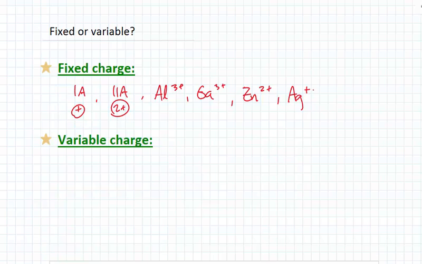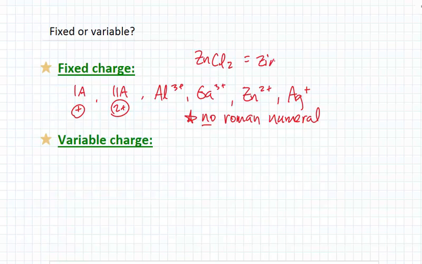So, in other words, if your ionic compound has any of these metals, your name will have no Roman numeral because we don't need it. For instance, if we had ZnCl2, that's just called zinc chloride, even though it has Zn2+ and Cl- ions, even though that's a transition metal, because that is fixed at 2+, there's no need for a Roman numeral.